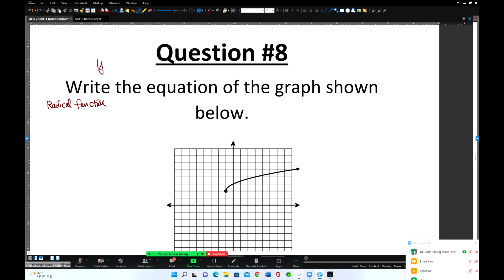A function always expresses y in terms of x. There will be only one value of y for any value of x. If we have a square, that is not a function, okay? If we have a 4 over here, y is what? 2 values, right? Okay, a function is always y equals. The radical function, this is a parent radical function, okay?